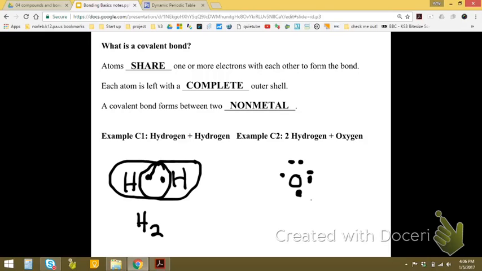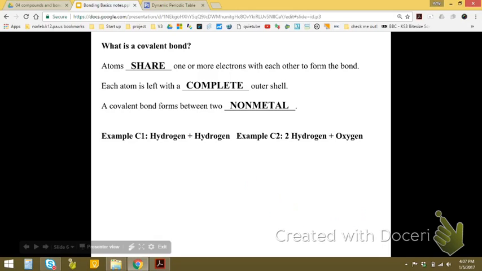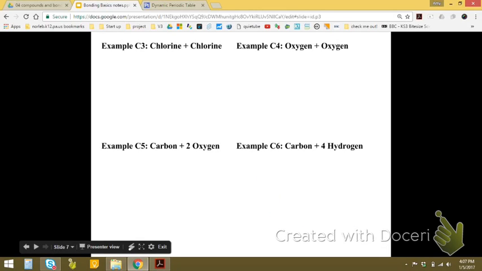So we need a hydrogen electron in this spot, and we need a hydrogen electron in this spot. And since hydrogen only has 1, you can see how we're forming a particular shape. So hydrogen and oxygen share those and those to make a full outer shell. And we end up with H2O.